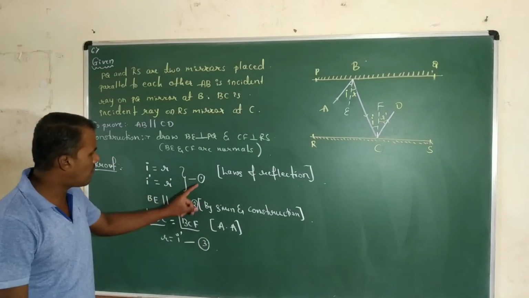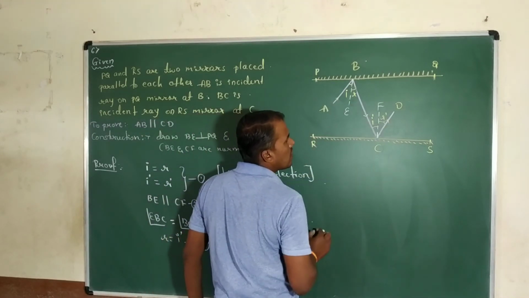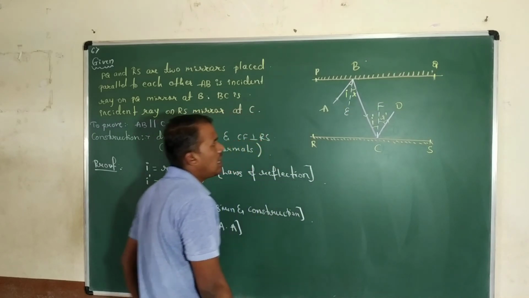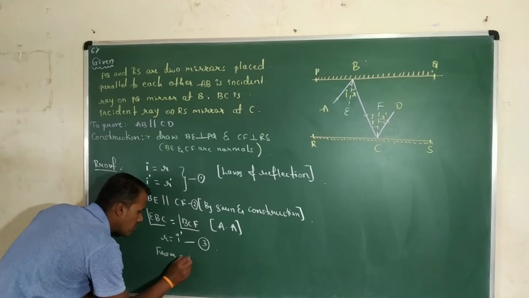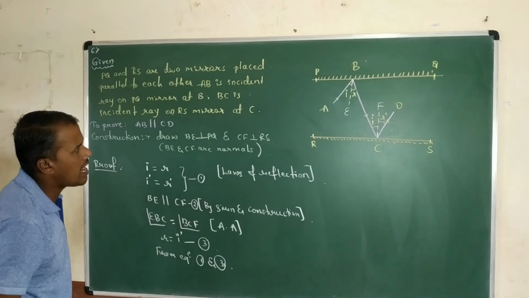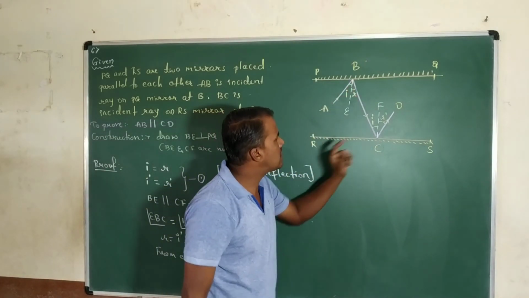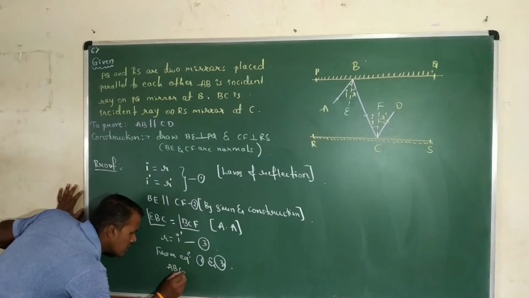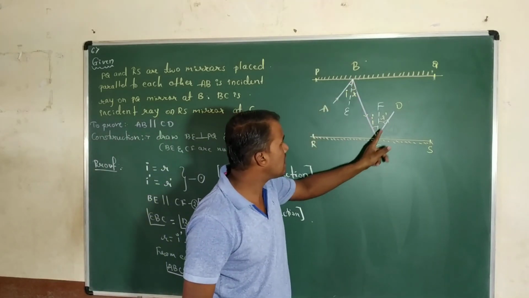Now from equations 1 and 3 we say that these two angles are equal. From equations 1 and 3, we write angle ABC is equal to angle BCD.